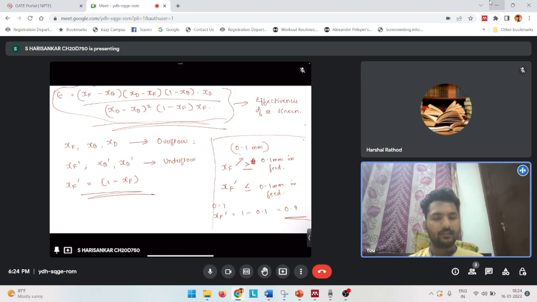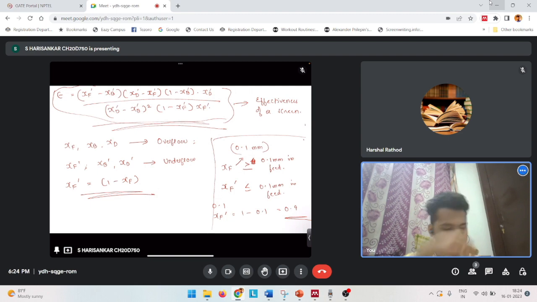So the effectiveness with respect to the underflow will be (xF dash minus xB dash) into (xD dash minus xF dash) into (1 minus xB dash) into xD dash by (xD dash minus xB dash) the whole square into (1 minus xF dash) into xF dash. So this is the equation for effectiveness of a screen.